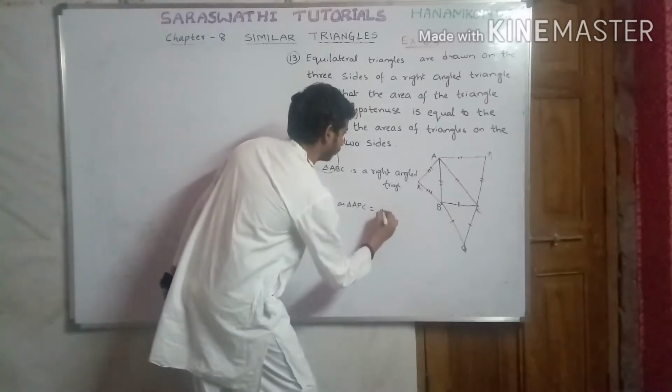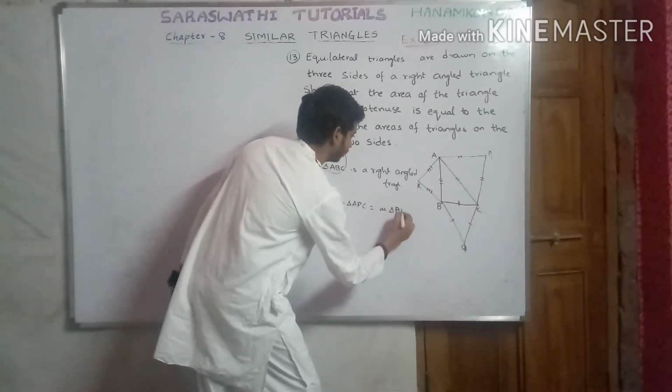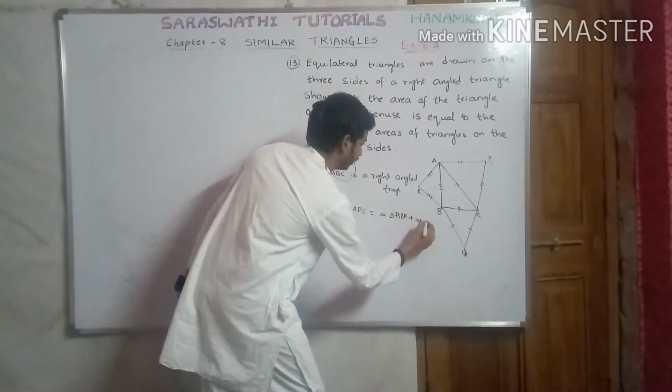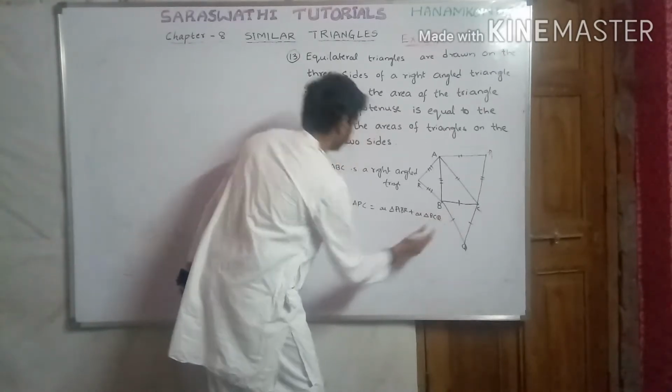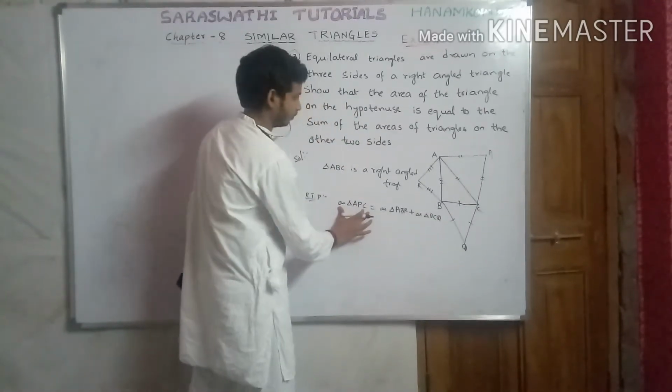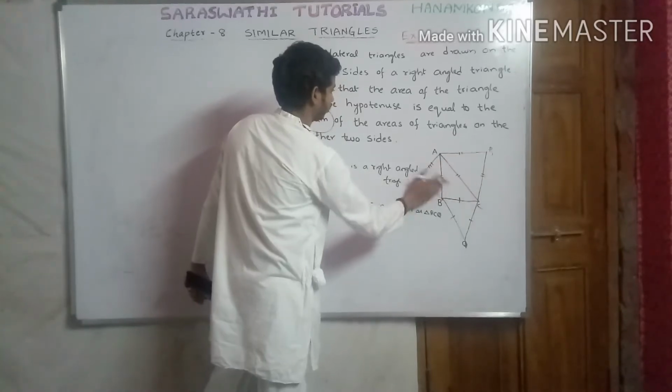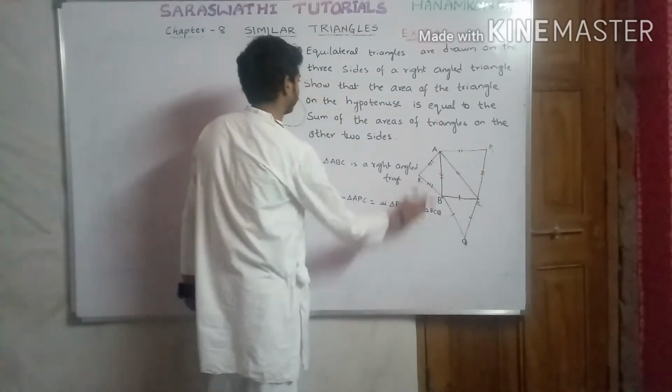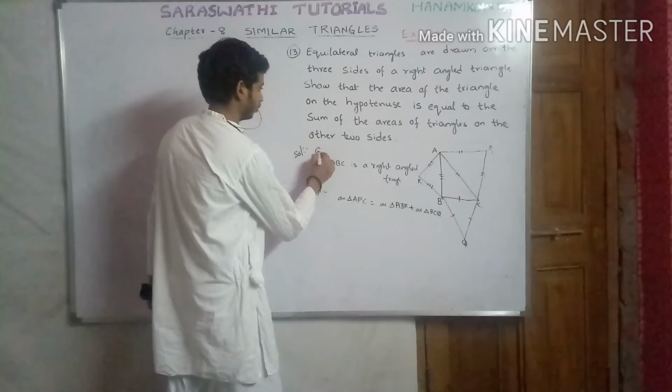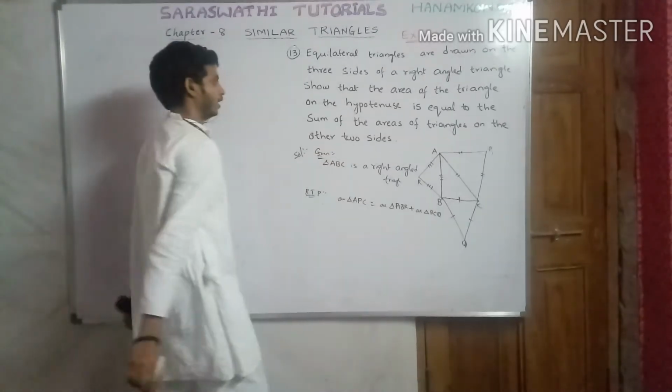That means area of triangle ABR plus area of triangle BCQ. This is required to prove. So the given condition is triangle ABC is a right angle triangle.